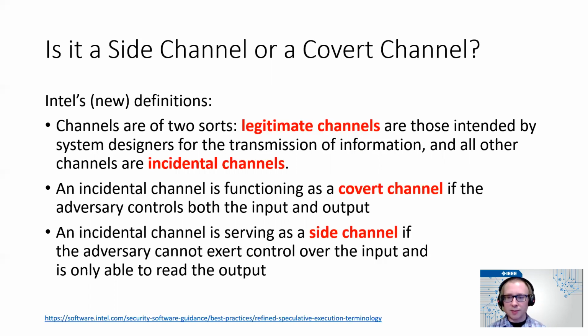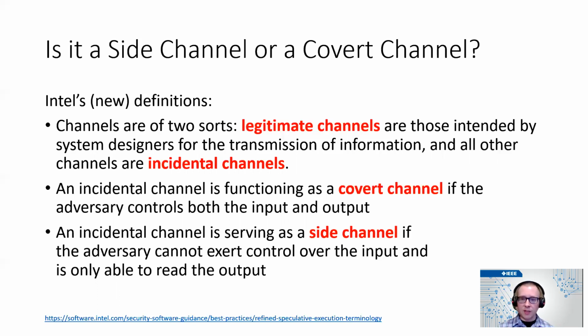We came up with this: channels, I mean the concrete kind that you can point to on a computer architecture specification, are of two sorts. We again borrow a term from Lampson: legitimate channels, and anything that is not a legitimate channel is an incidental channel. So basically, any channel that was not explicitly designed to transmit information is an incidental channel.